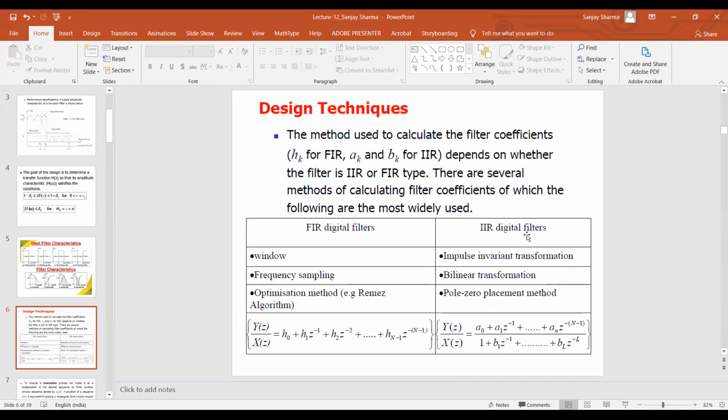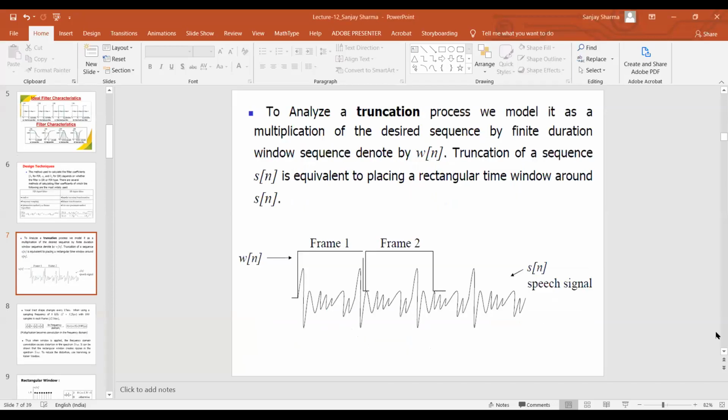And the techniques for IIR filter design are impulse invariant transformation and bilinear transformation. All these techniques we will discuss in our course, because that's the crux of this course, basically, to design filters. All right. But we will today start with the window method of designing FIR digital filters.